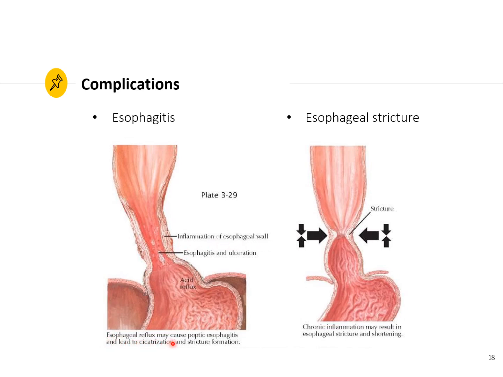Esophageal reflux may cause peptic esophagitis. Another one is esophageal stricture. It happens when the esophagus narrows or tightens. Chronic inflammation may result in esophageal stricture and shortening.